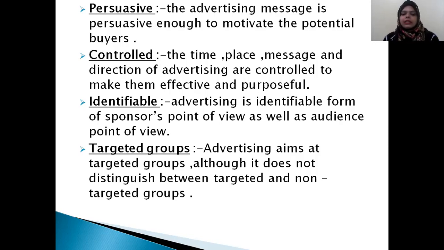Coming down to the last part, that is targeted groups. What is a targeted group? Advertising aims at the targeted group, although it does not distinguish between target and non-target groups. Already I discussed the example of Horlicks.